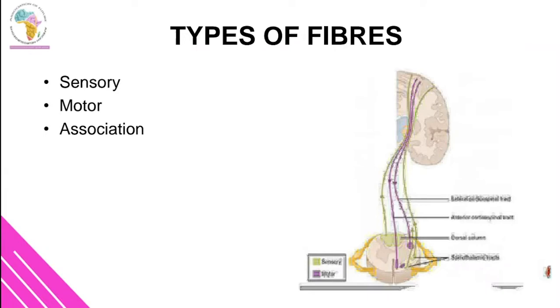Then we've got the motor fibers, which send information from the brain to the spinal cord, then further into different body organs. Then we have association fibers, which are involved in the transfer of information within the white matter, maybe from the right to the left, or from one section of the white matter to another.